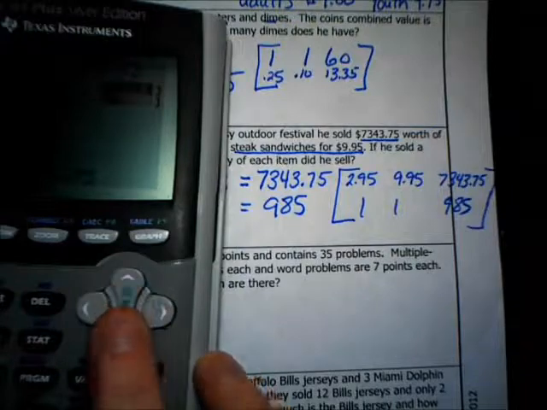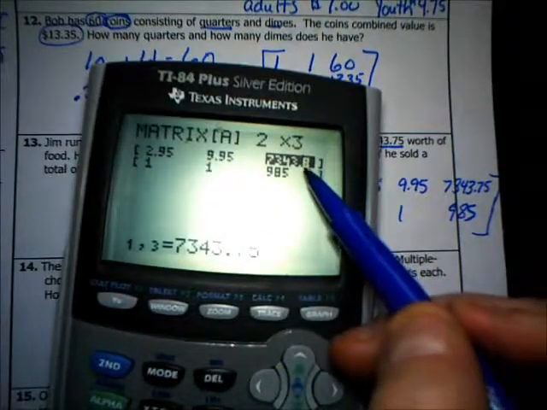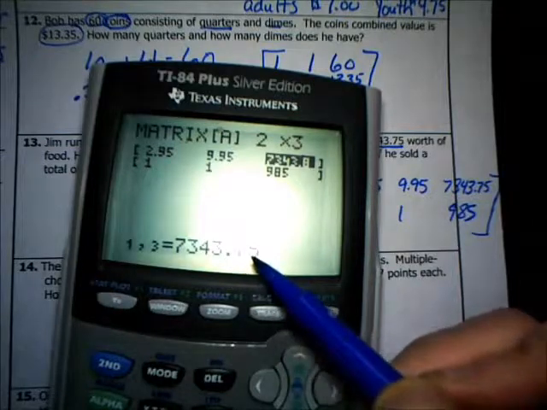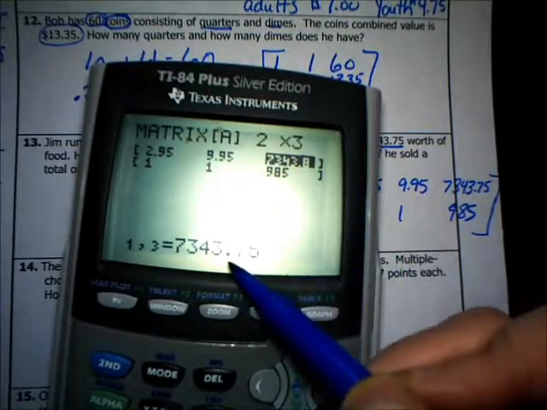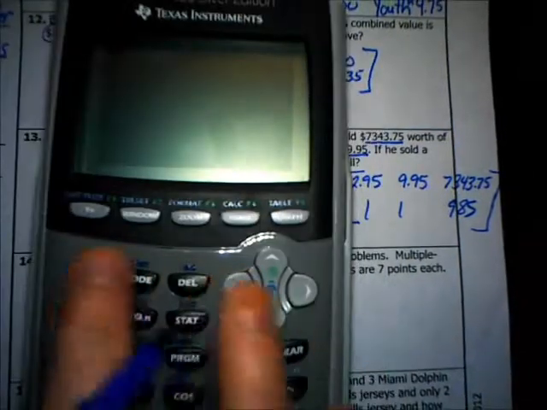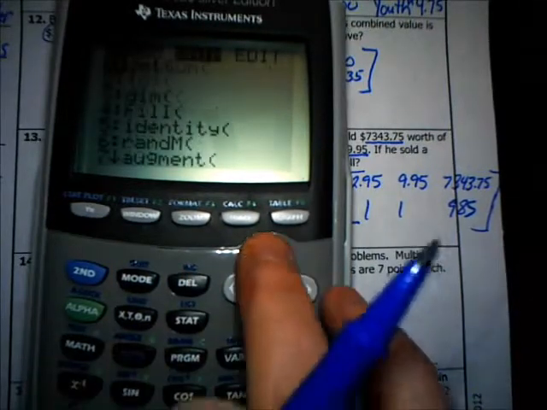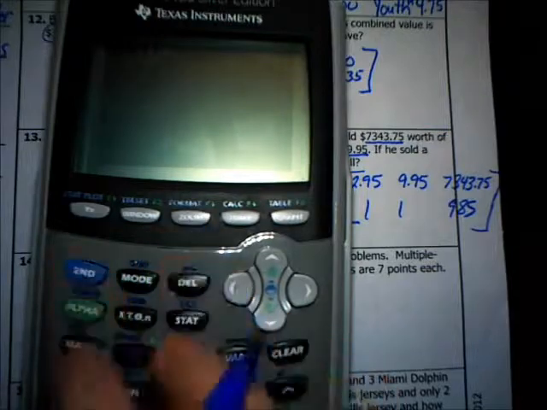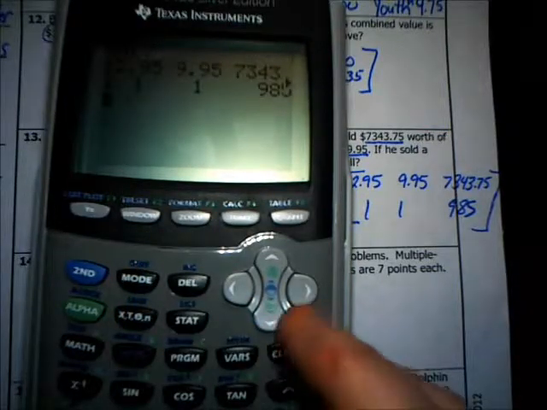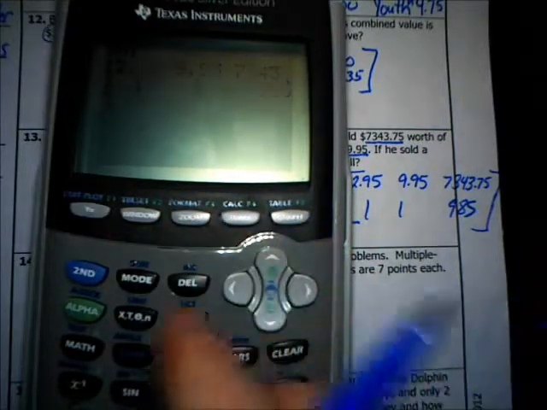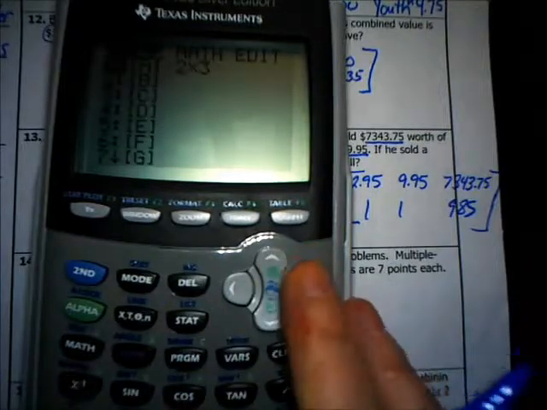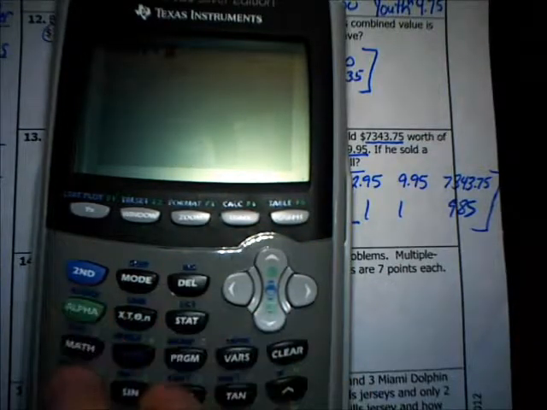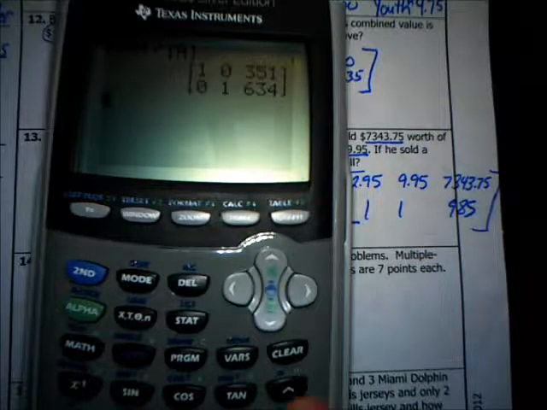Now realize up here it looks like it rounded it, but it's still got the number value here. It's just displaying it slightly different. So that's the same. Alright, so here we go. Go back into your matrix and we're going to reference it. Clear, and go to math and B option, and then get my matrix. Okay.